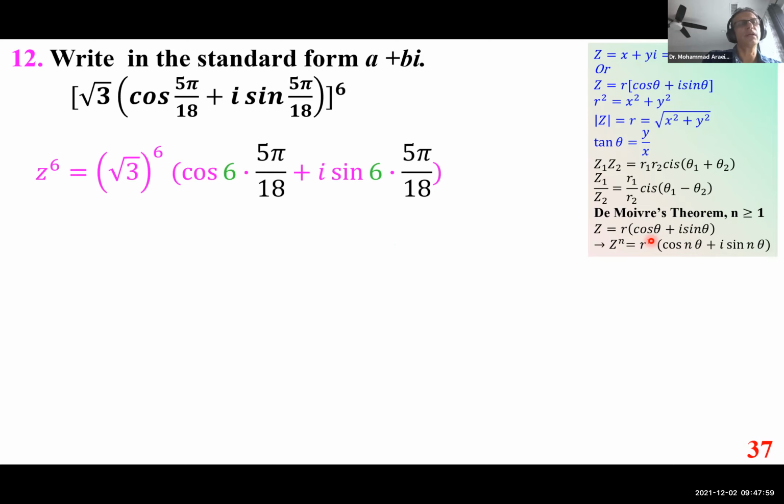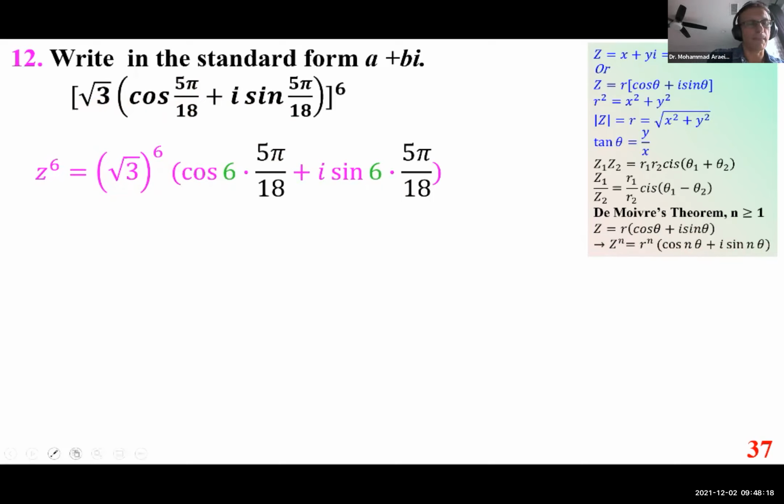So we want to raise this, let's call it z, to the power of 6. We're going to raise the square root of 3 to the power of 6, and multiply the angle by 6.